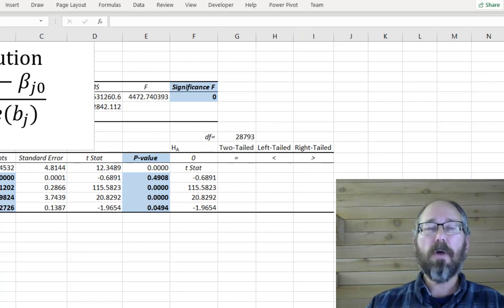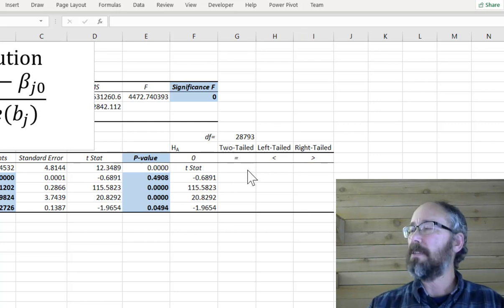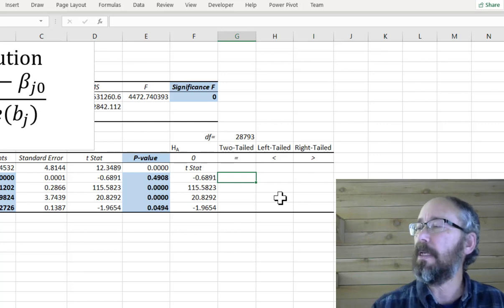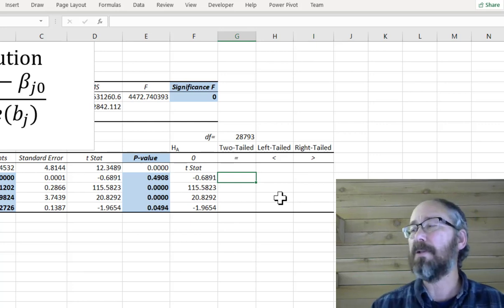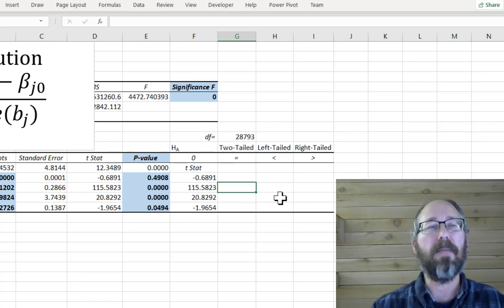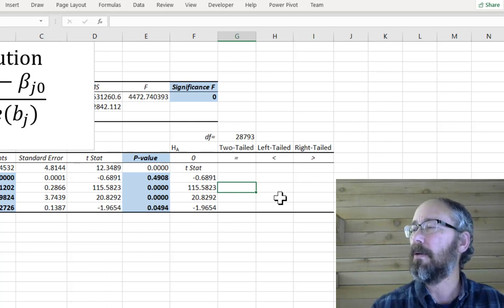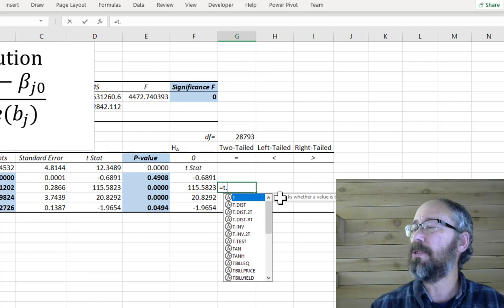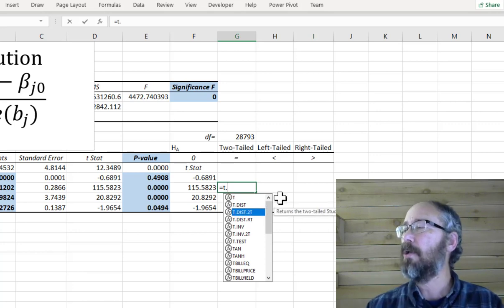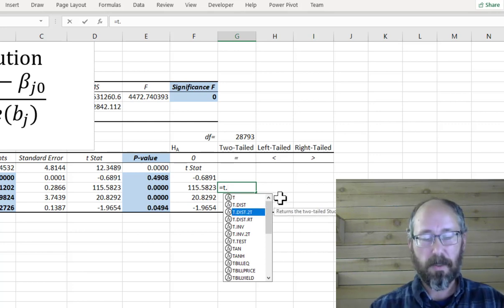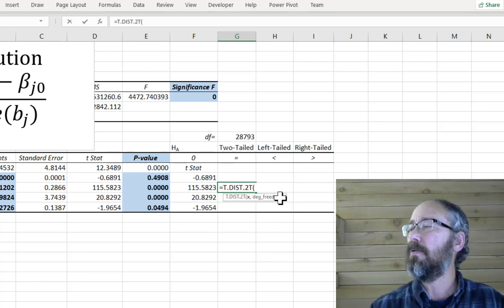So let's do the two-tailed test, and I want to illustrate something, so this is a little bit odd, but I'm going to do it here first: equals my t distribution. Now it's two-tailed, so that's this 2t, right? So we're going to do that.